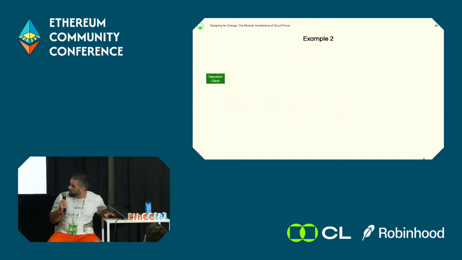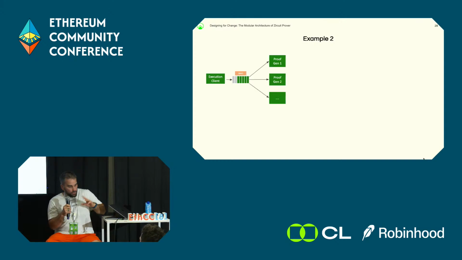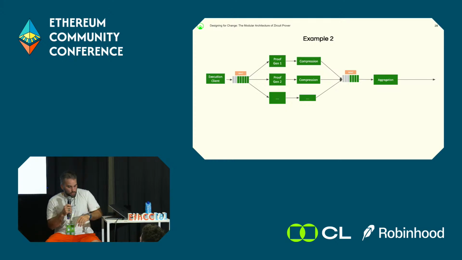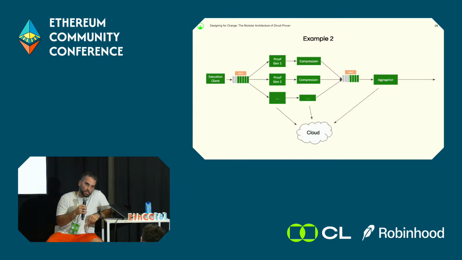And similarly, if I have another example here, but in this case, say instead of aggregating right after proving, I want to do a compression layer, right? Which is kind of what we do. We have another compression layer there right now, but just for simplicity, say we have another example like this, and instead of storing the intermediate steps in local storage, we want to store in the cloud.